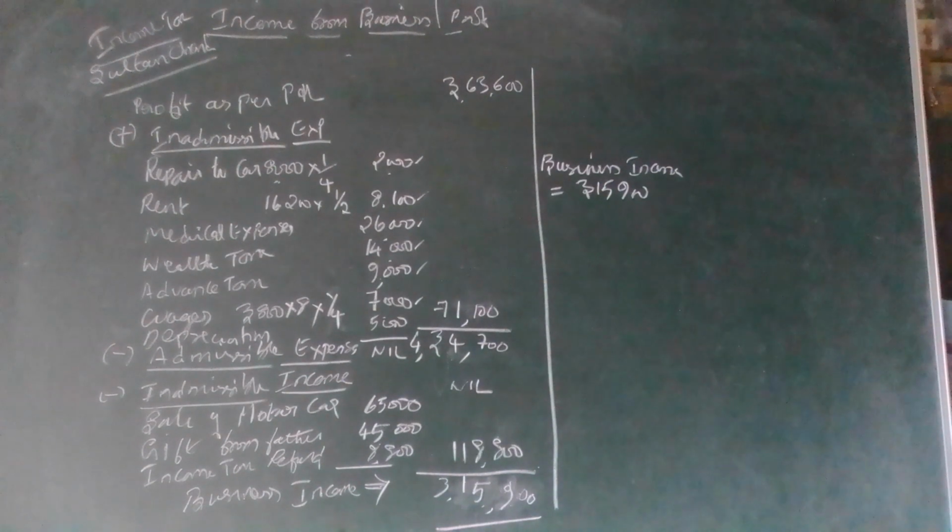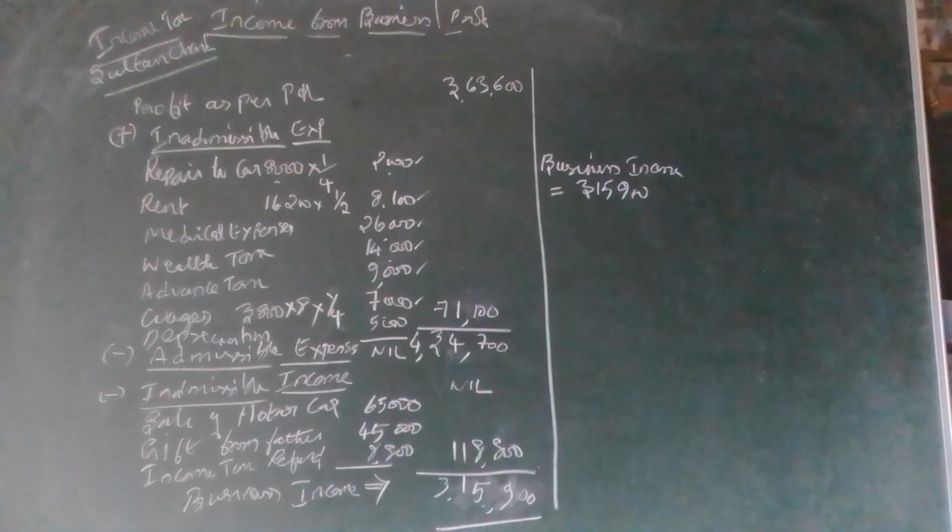Then gift from father. Whoever it is, any gift amount received is an inadmissible item. Any gift you give to others is an inadmissible expense. Likewise, if you receive any gift from others, it is inadmissible income. Then income tax refund.